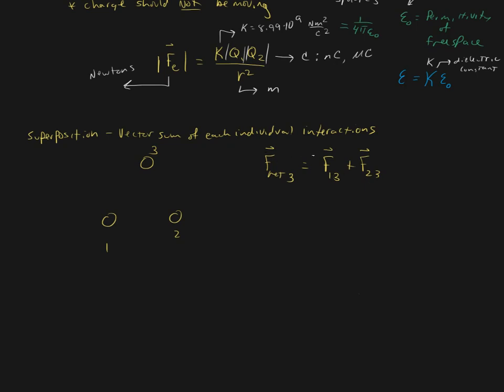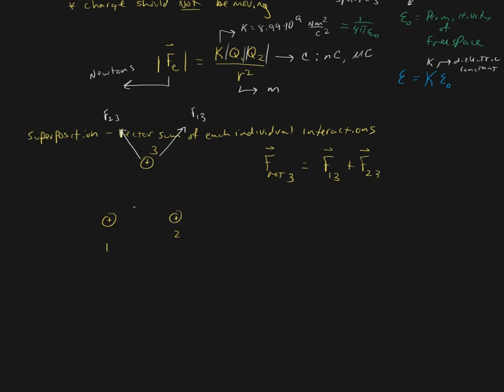Now anytime you see this vector symbol above your variable, that means you may end up having to go into x and y coordinates. Now if we further assume, just for simplicity, that each of these charges is positive, then that means that the force due to 1 is going to be pointing in that direction, and the force due to 2 is going to be pointing in that direction. So this is the force of 1 on 3, and this is the force of 2 on 3.